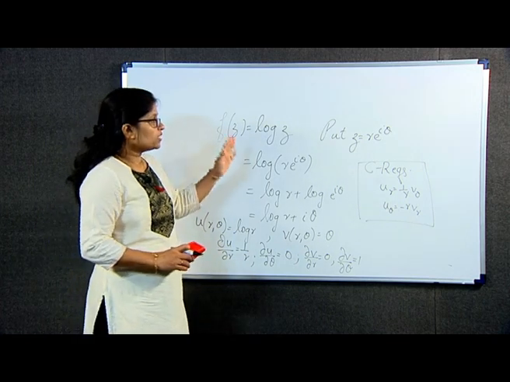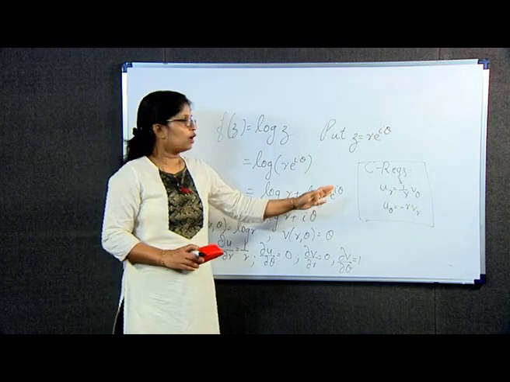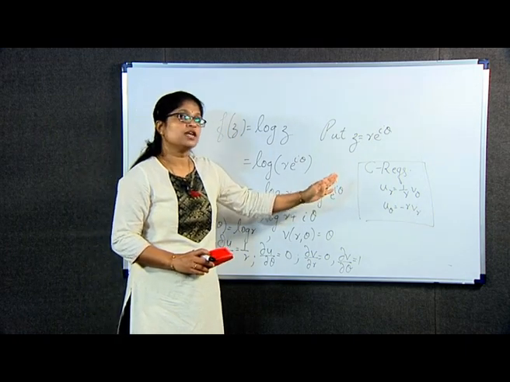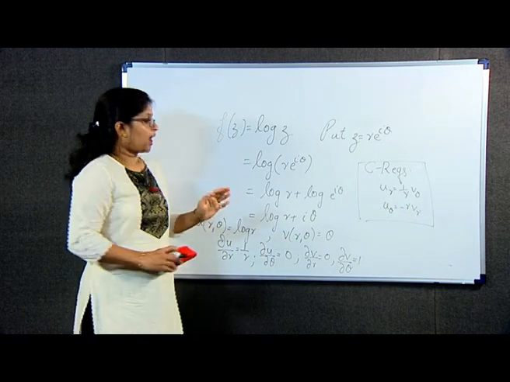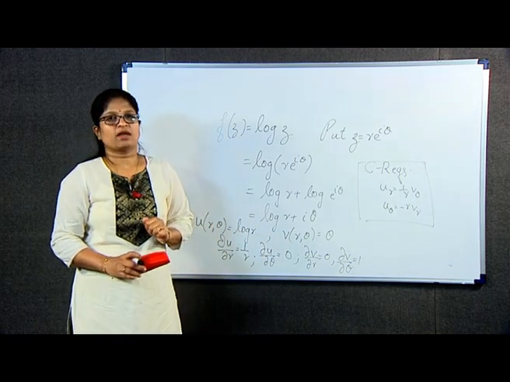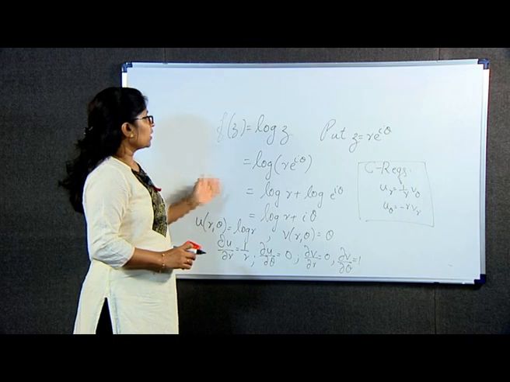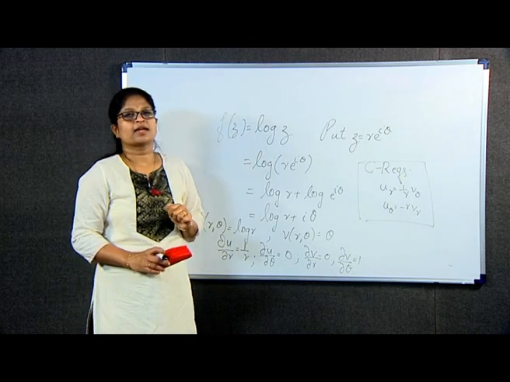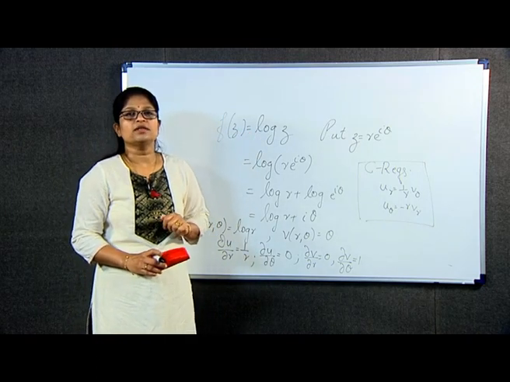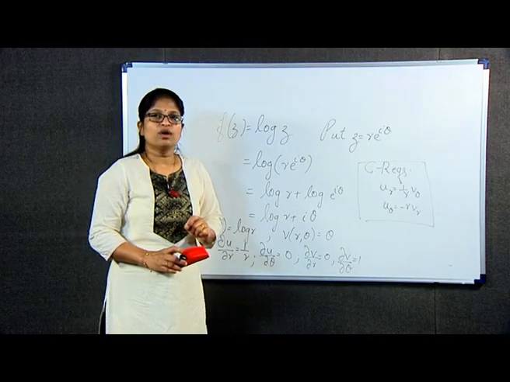So, the similar CR equations have to be checked and the continuity conditions have to be verified. So, what can you say? Your f(z) is equal to log z is analytic at all points except z equal to 0.